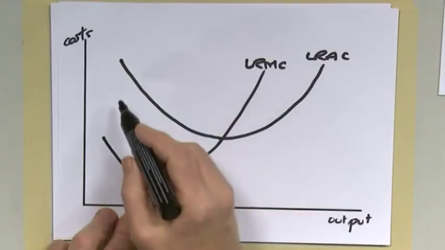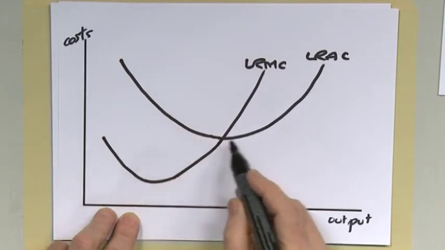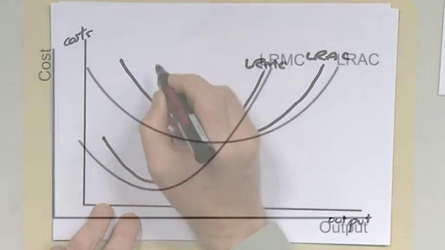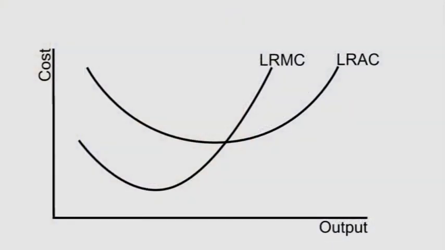We've got two halves of our cost structure to think about. The falling part of the long run average cost curve and the rising part of the long run average cost curve. Let's look at the diagram again. Where long run average costs are falling, it's because of what we call economies of scale.